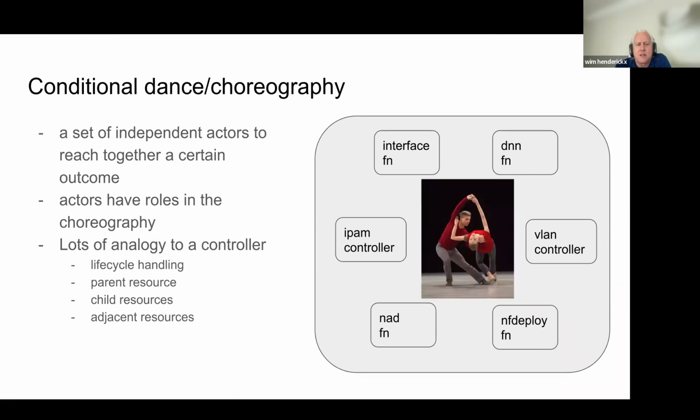What we are trying to achieve during the specialization is what I started to call the conditional dance, or the conditional choreography. We have a set of independent actors that together try to achieve a common goal, right?